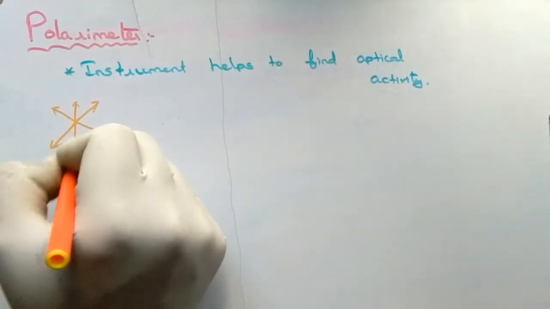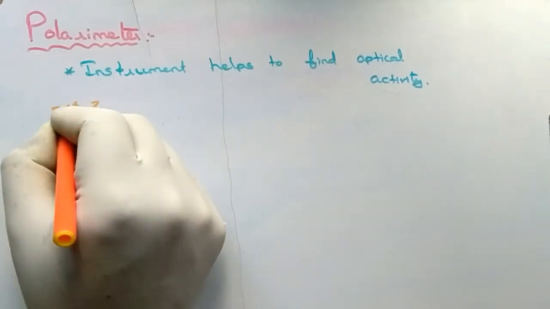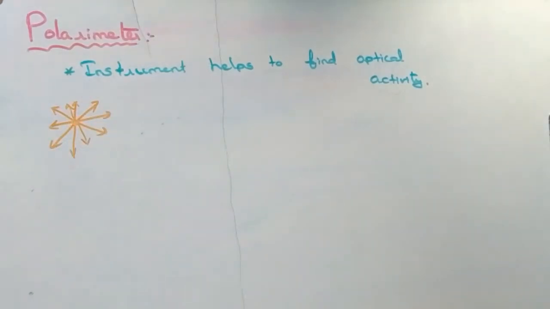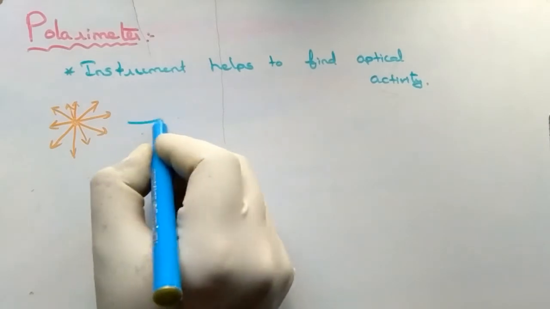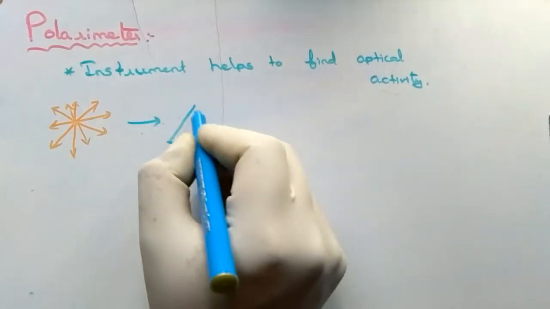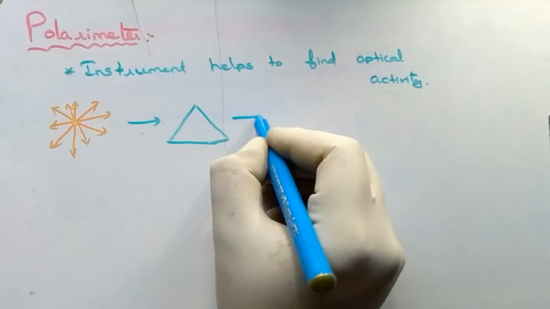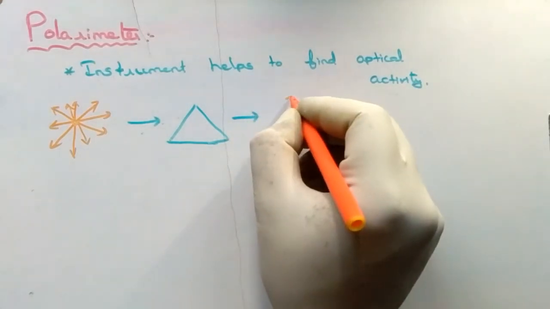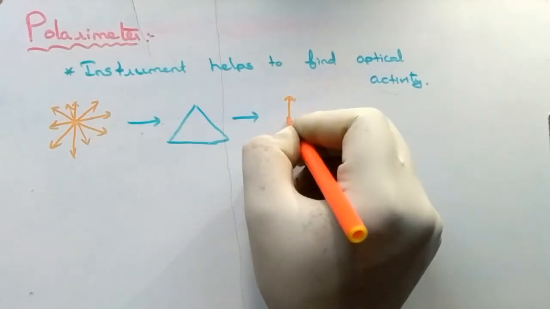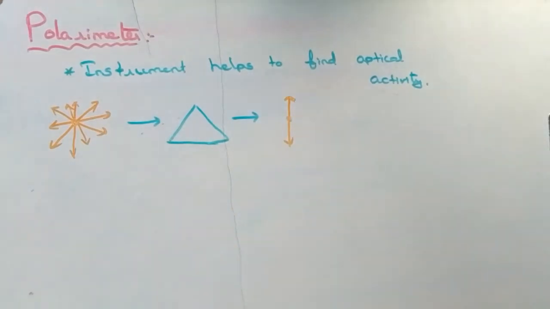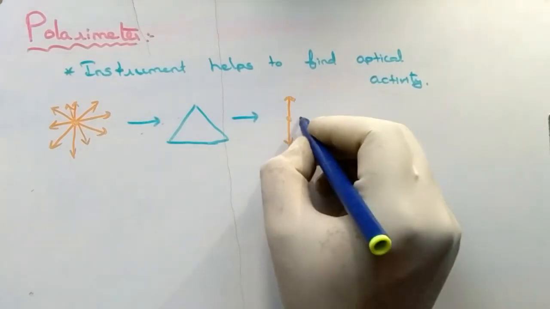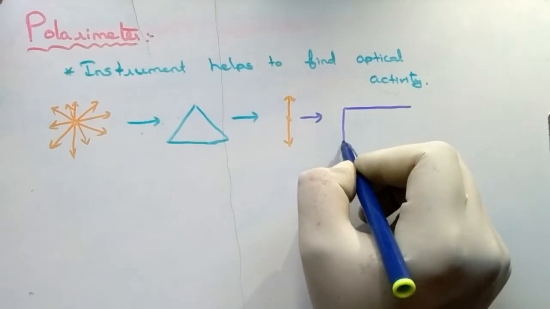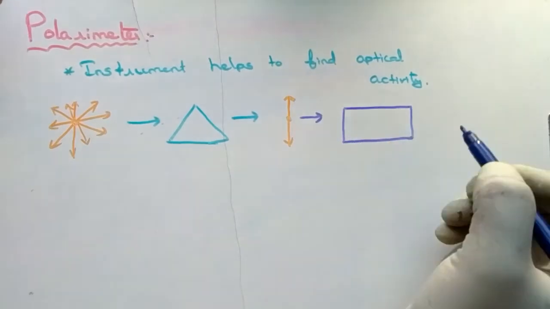This is the ordinary light which is vibrating in all directions. When it passes through a nicol prism, we get plane polarized light, that means the light will be vibrating in only one direction. The plane polarized light will then pass through a sample tube.